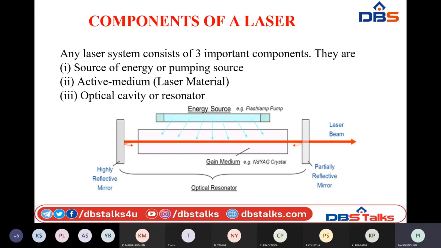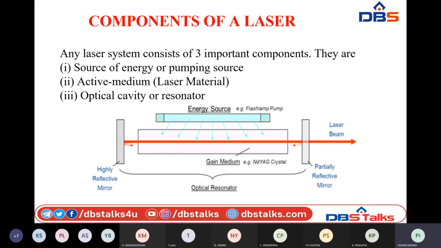Then the population inversion has been achieved, and the laser action, that is stimulated emission, takes place. This active medium can be either solid, liquid or gas, based on which kind of material we are using.